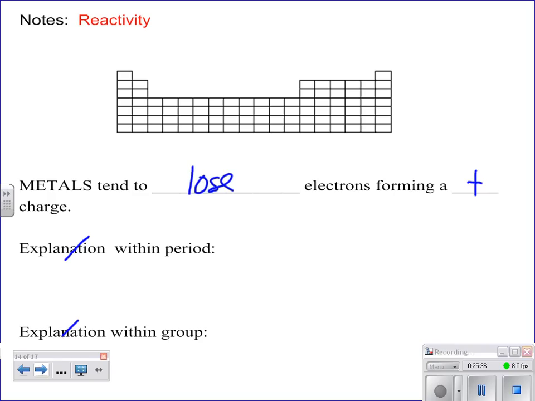To the left. Within a group, where are the most active metals, up or down? Down. As you move down, those guys give up electrons much easier than when you move up.